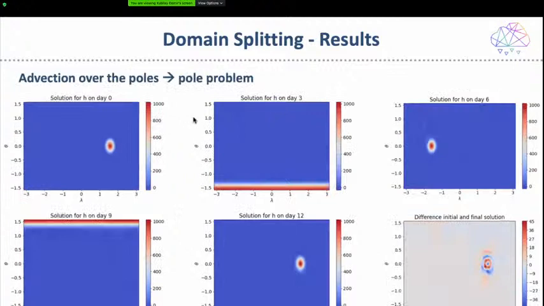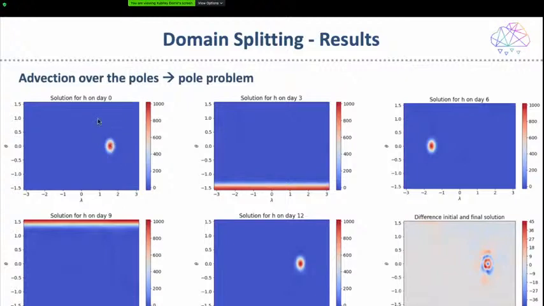They also test this for the same problem, but in this case the constant wind is not along the equator, but towards the poles, so that this cosine bell is advected towards the pole, and then also goes once around the globe. Why would you test this?